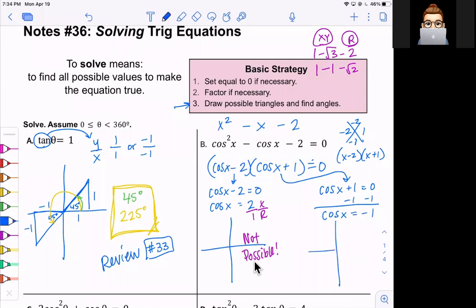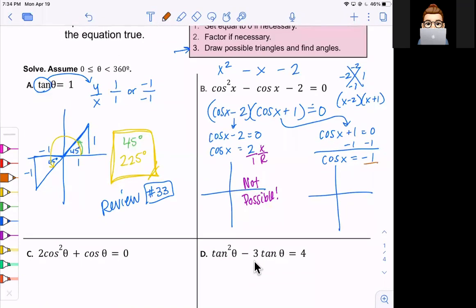For our other one, we have cosine x equals -1 over 1. So this is our x, this is our r. So our r is positive 1. The only place where x is -1 is over here, where our x and r are the same.